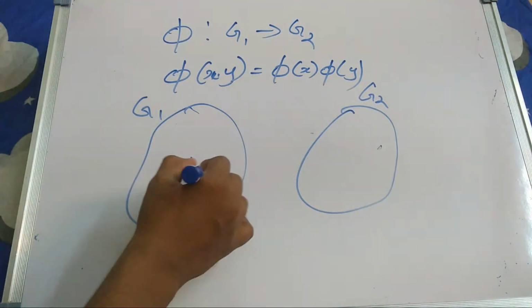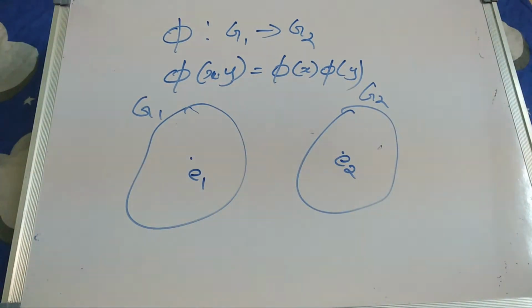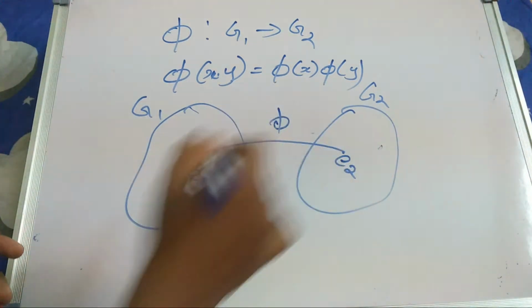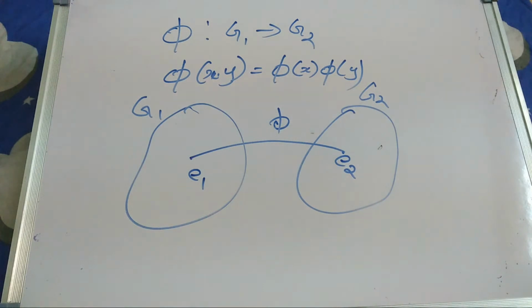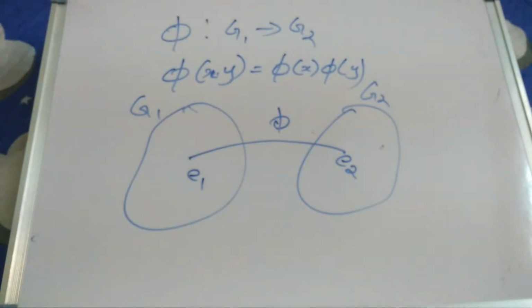So clearly there will be an identity element here and an identity element here. Let me call them E1 and E2. By properties of homomorphism, E1 will be mapped to E2 under this mapping phi. But it is not necessary that only the identity will be mapped to the identity.